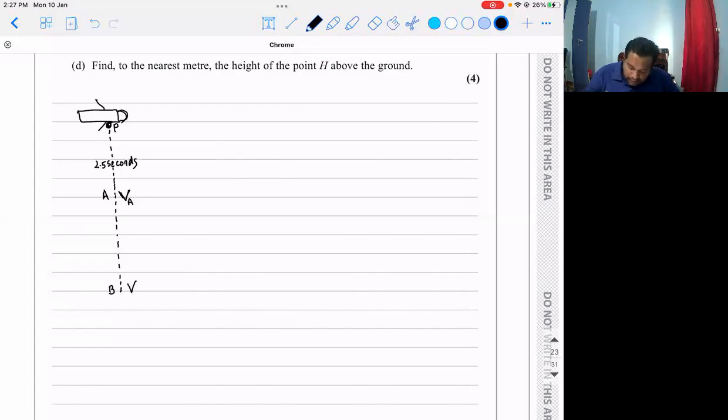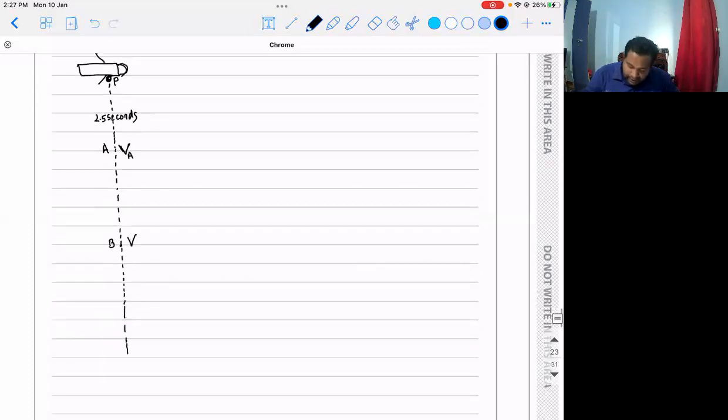Then what happens? He travels the remaining distance and reaches the ground with the same velocity.